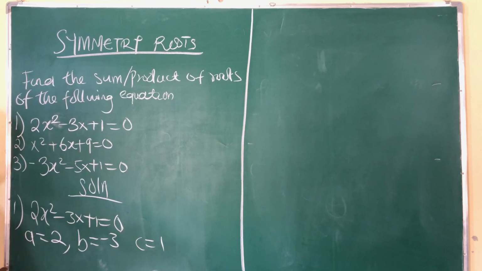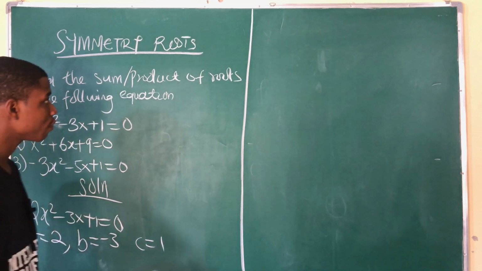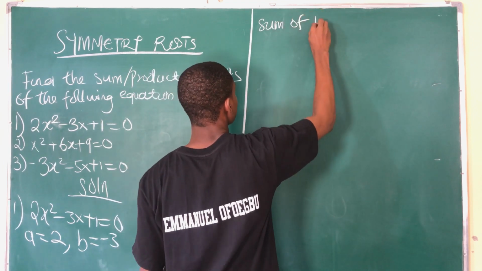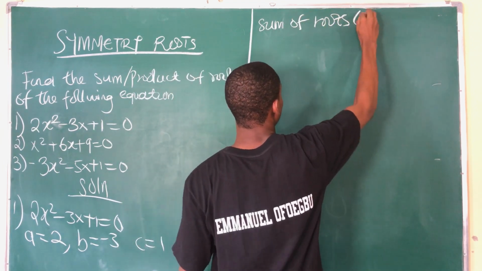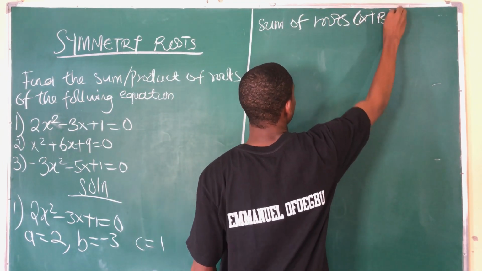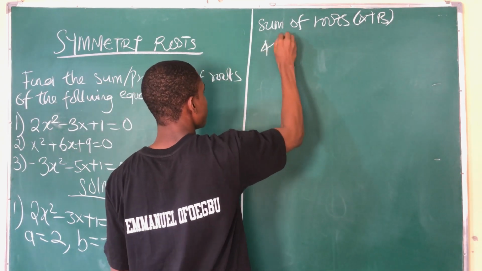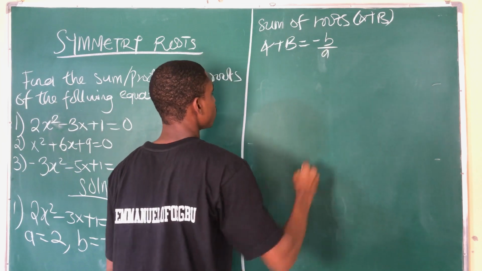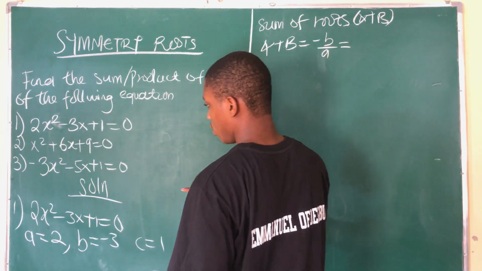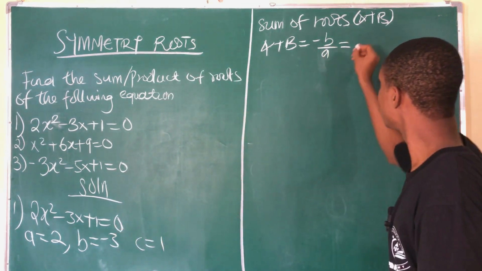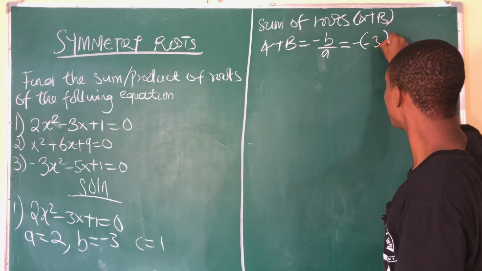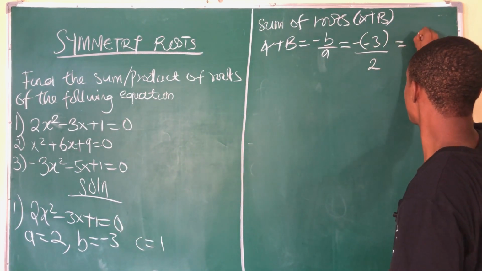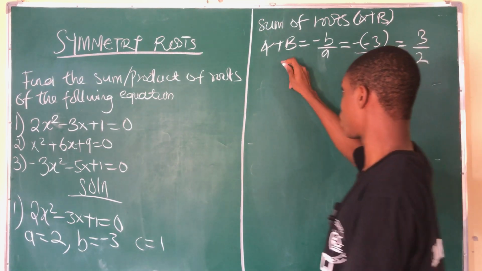We are looking for the sum and the product of the roots. The sum of roots is given by alpha plus beta, which is negative b over a. So we have negative negative 3 over 2, which becomes 3 over 2. This is the sum of the roots.